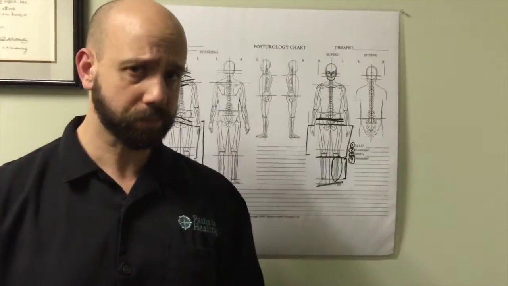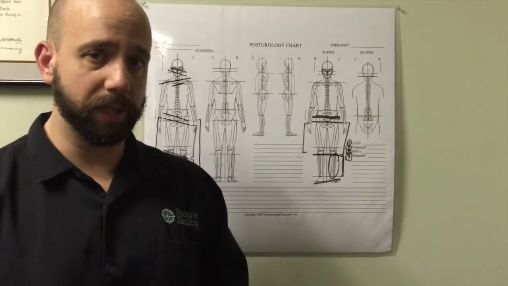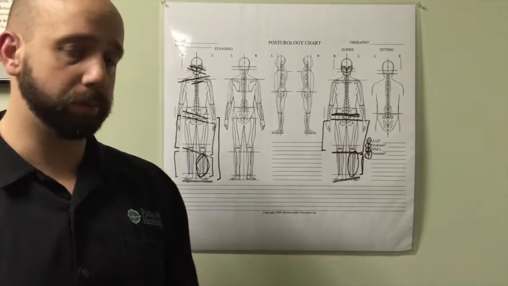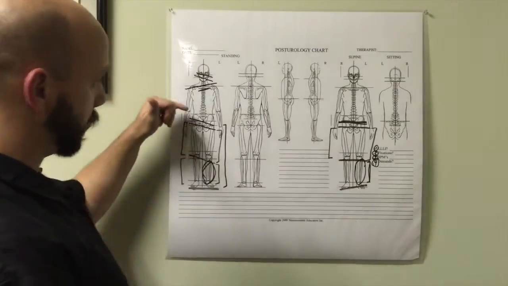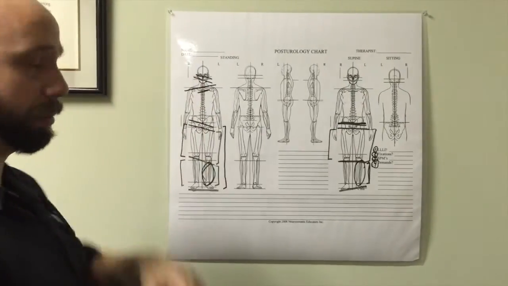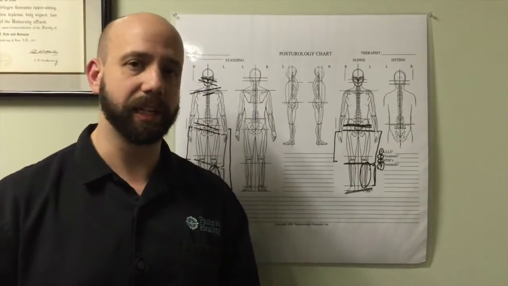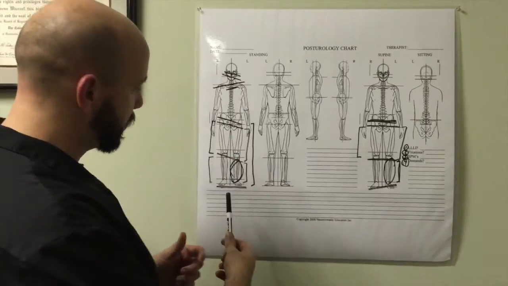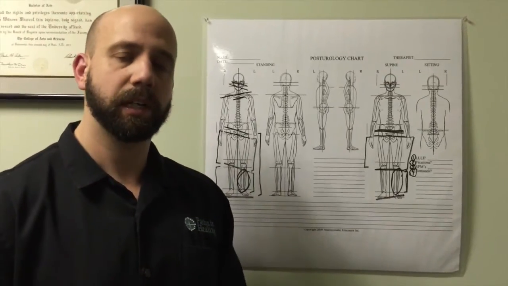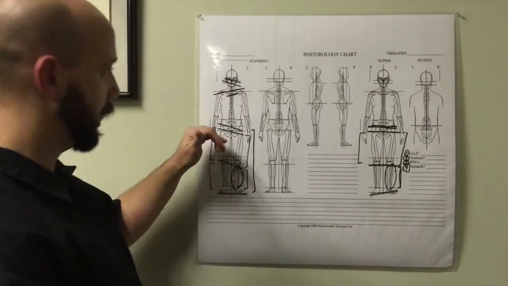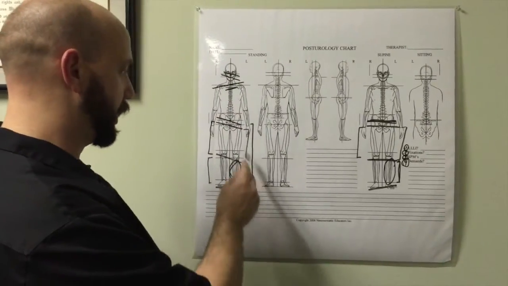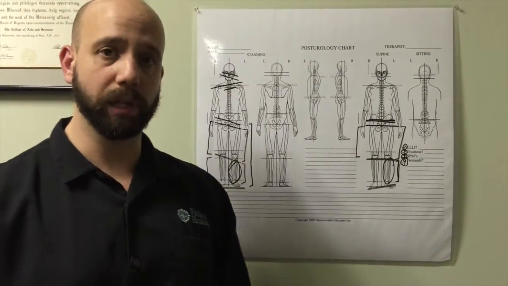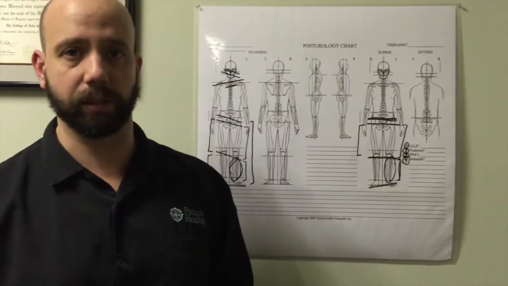That's actually the very first step towards helping somebody with low back pain, neck pain, shoulder pain, migraine headaches, any of those things, because if the base isn't structurally sound, then everything above it is going to be off. So it's very important to rule out the possibility of a leg length inequality.